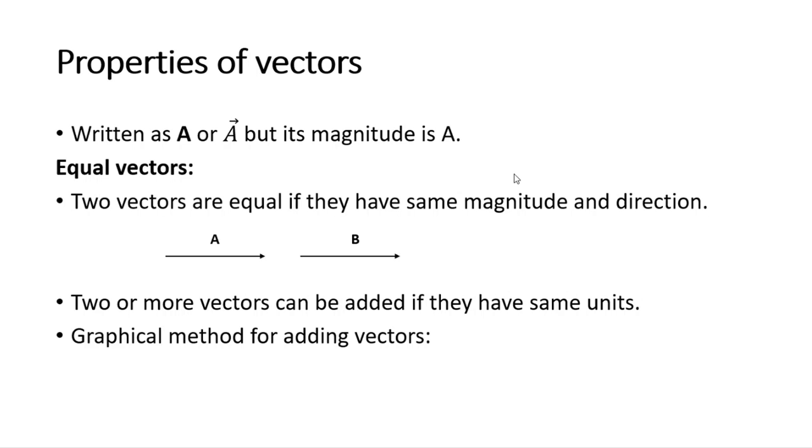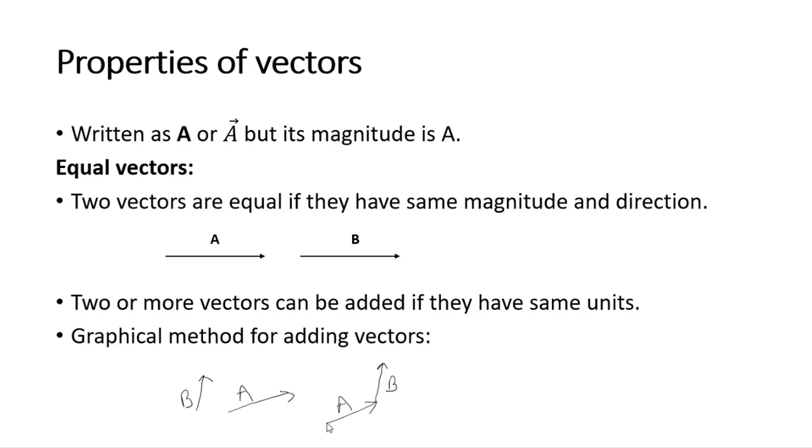For example, if there is a vector A, any vector A, and another vector B in this direction, we can add them using the head to tail rule. What does that mean? If I draw A and then draw B, I need to use the same direction and same magnitude of B.